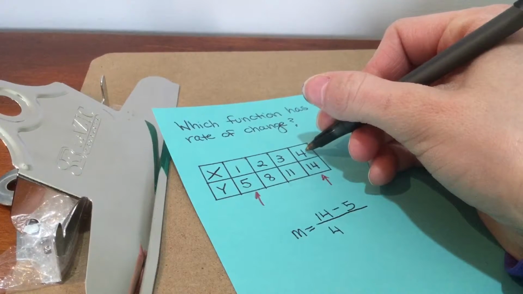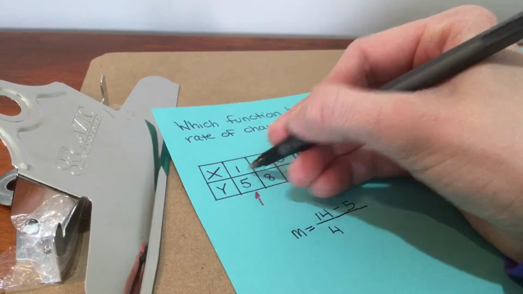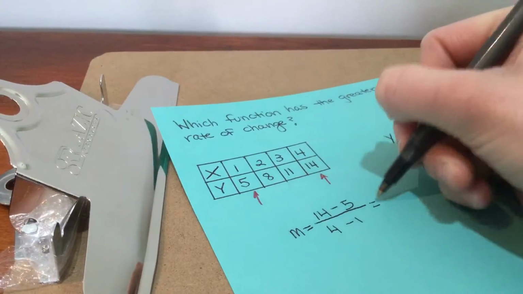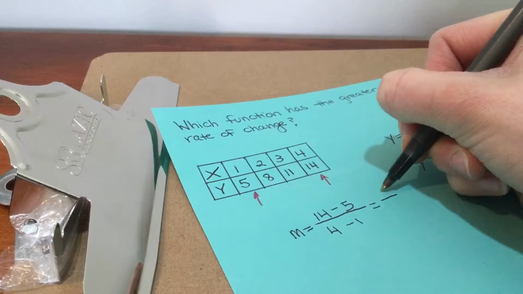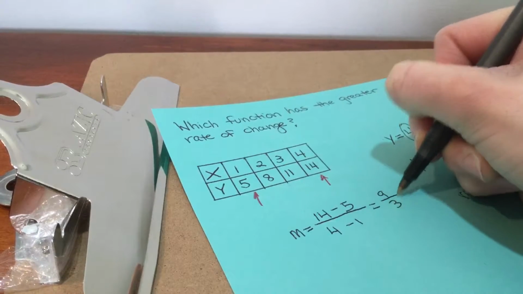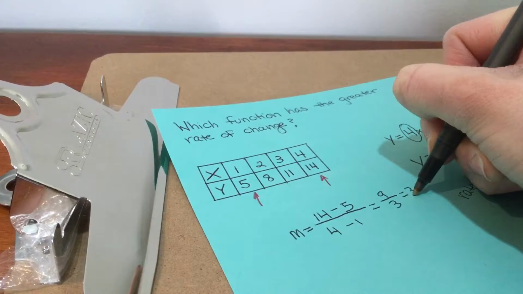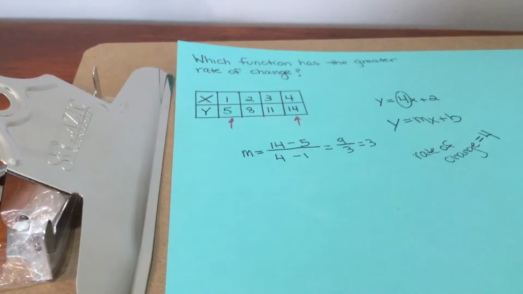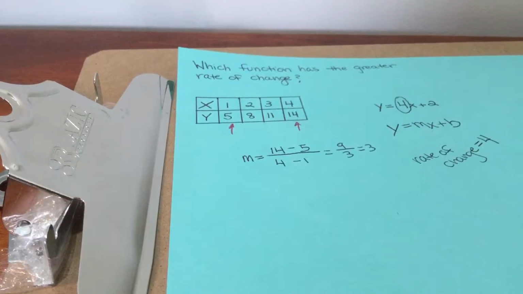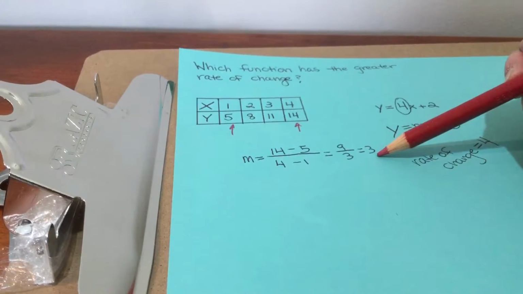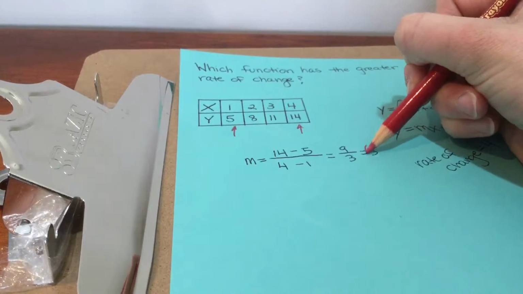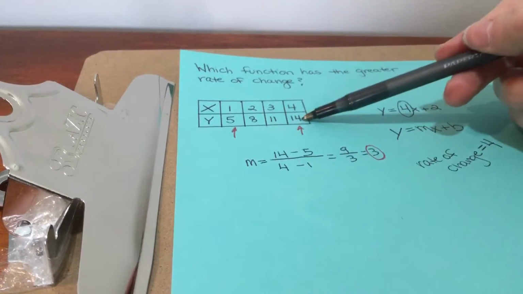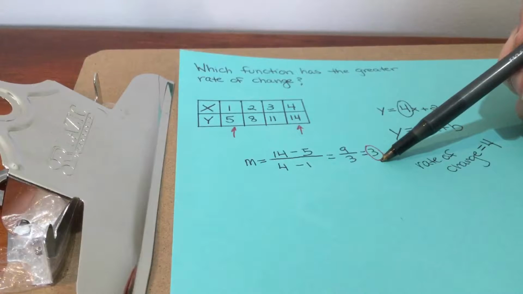I need to start with this x, minus 1. All right, when I subtract this, I'm left with a fraction of 9/3, which I automatically know is 3. Again, since 3 represents my slope, which we know is the rate of change, I know that the rate of change for the table here is 3.